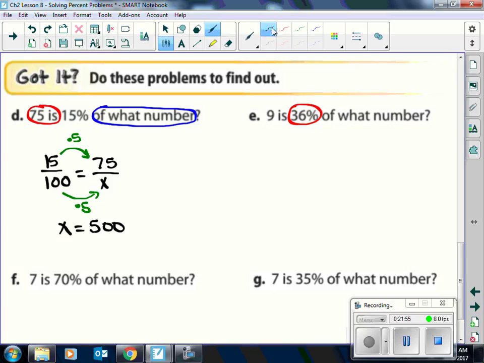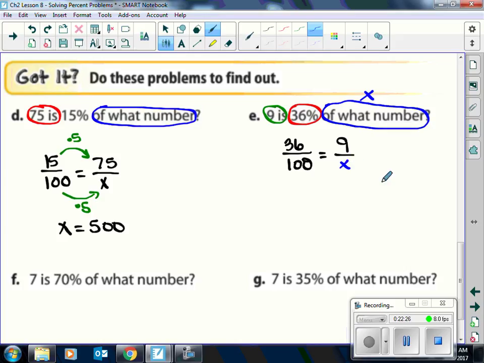So that is 36 over 100, right? Percent over 100, right? Equals the is number, which is 9. So that's going to go in the numerator. And the of number is what we're solving for, and that's going to be our x. Very good. That's the whole.